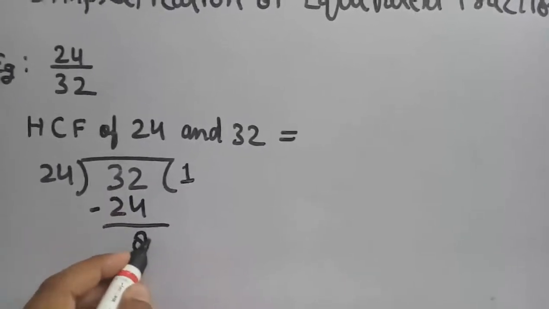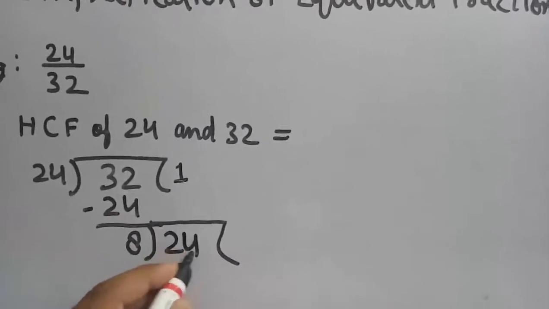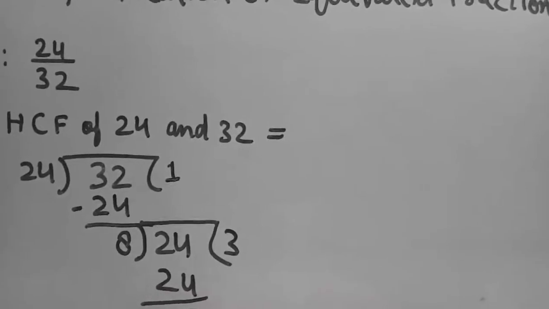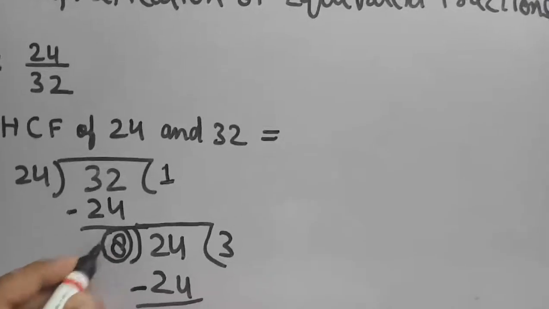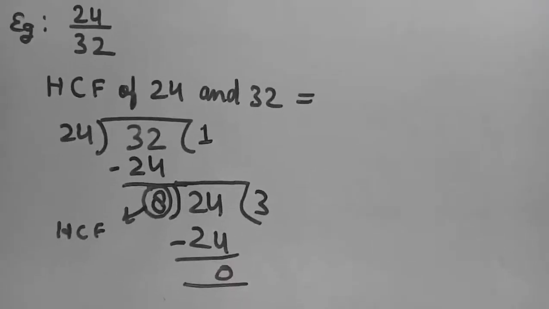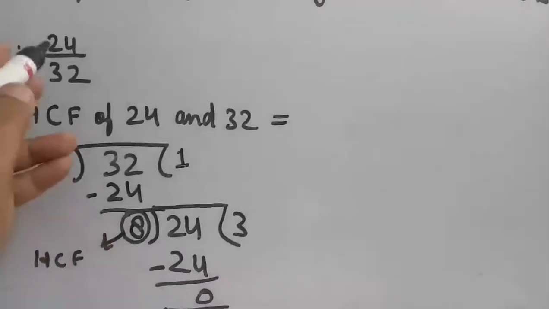Remainder is 8. Now the divisor will be the dividend. 8 3s are 24. Remainder is 0. So 8 is the HCF of 24 and 32.